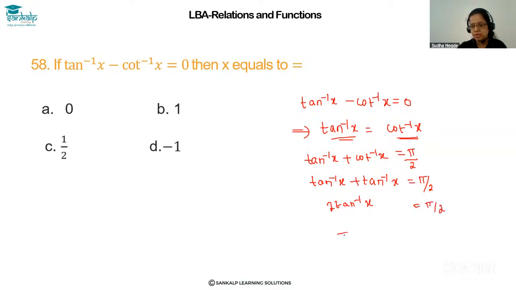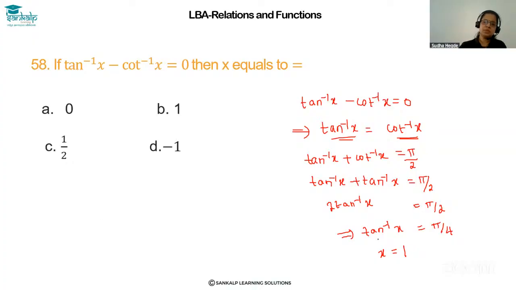That implies tan inverse x is equal to pi by 4. So tan inverse x is equal to pi by 4. That implies what is x? X is equal to 1. Tan pi by 4 is 1.